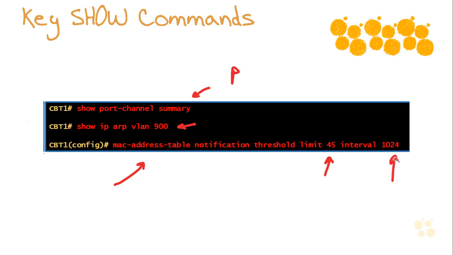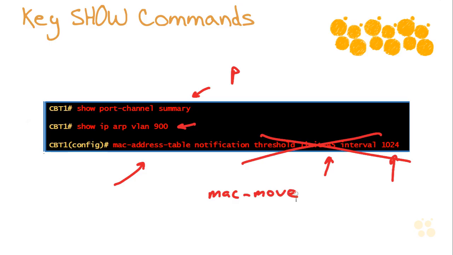So this is obviously a critical command from a security perspective in many environments. There's something else you can do with this command, by the way. You could say MAC address table notification, and then instead of all this stuff, you could simply say MAC hyphen move.